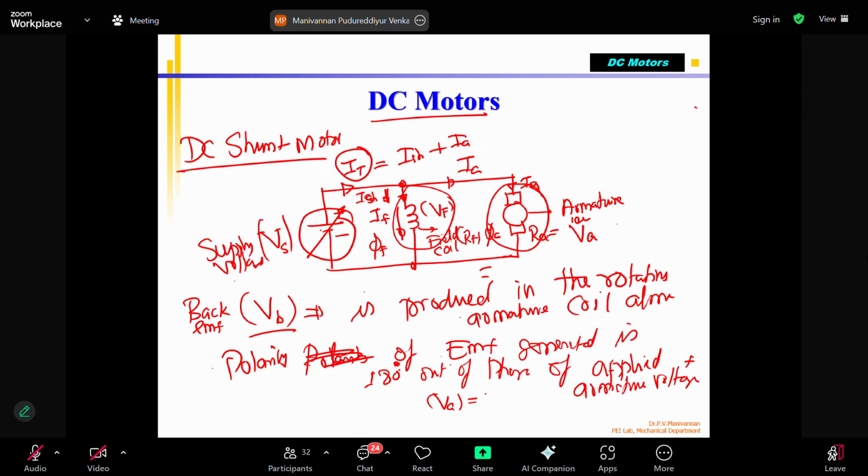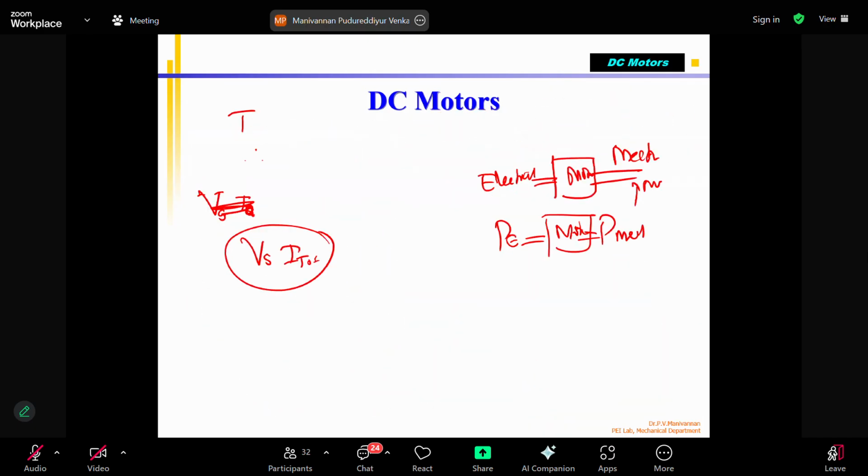In electrical terms, voltage and current give the power supply, which is converted into mechanical power, TG torque into omega. So Vs into I total equals VB into IA plus IA square into RA.